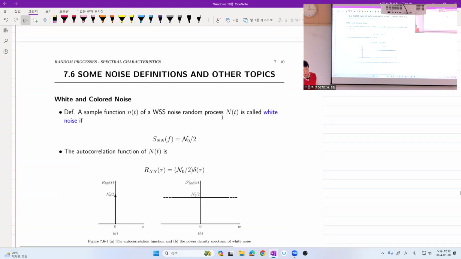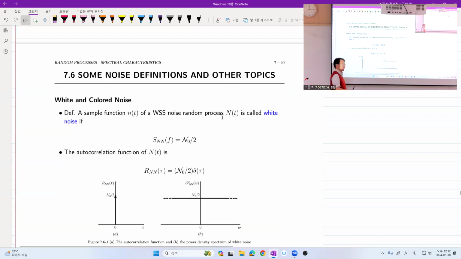Now, this is actually a very important part of the Peebles book, because he was a radar engineering professor, and additive white Gaussian noise was one of the most important noise models for undergraduate students.